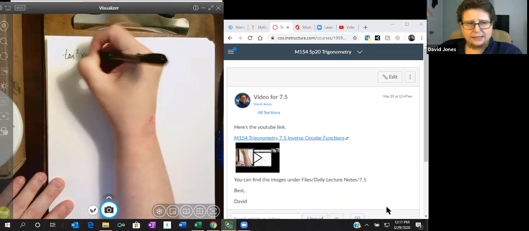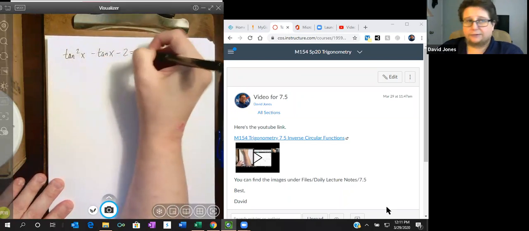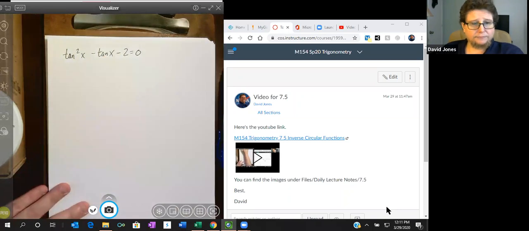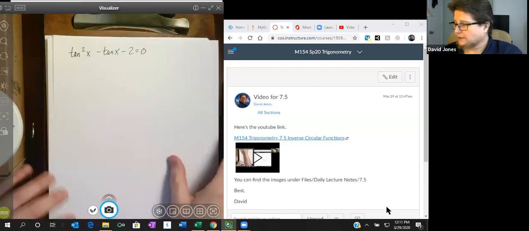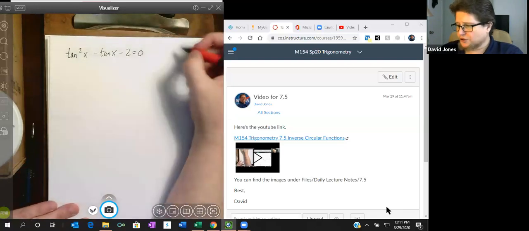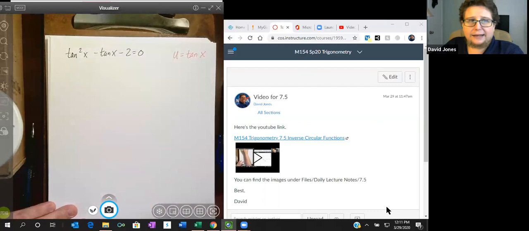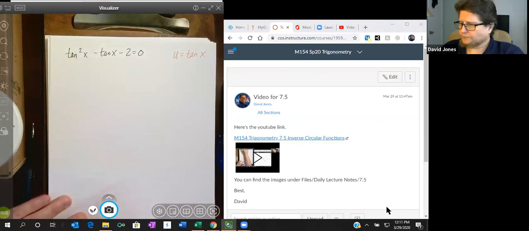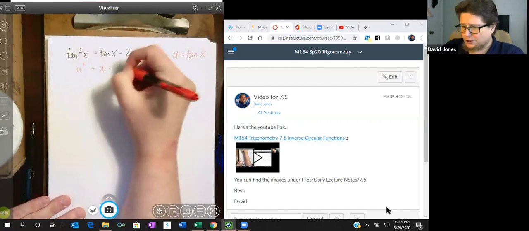Tangent squared x minus tangent x minus 2 equals 0. Now, this might help you. If we make a substitution, let's say u equals tangent x. You'll do this a lot in calculus. It's good to practice doing it now. Then this becomes u squared minus u minus 2 equals 0.